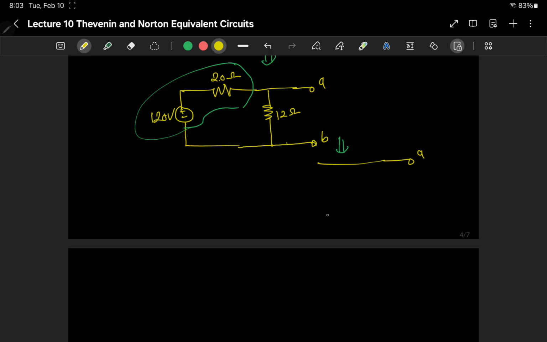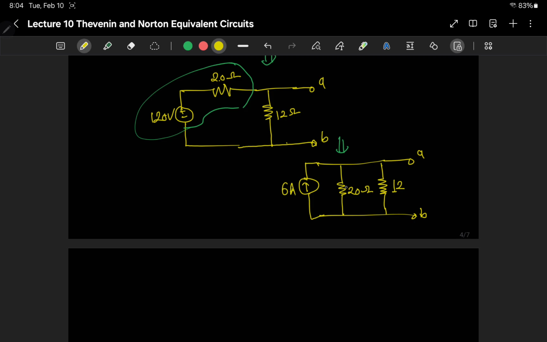So A, B, this 12 remains here, this transforms into a resistance in parallel and a current source. Since the positive terminal is in the upward direction, the current follows this direction. This is 20 ohm because the resistance remains same, and the current is basically voltage divided by the resistance. So 120 divided by 20 is 6 ampere.